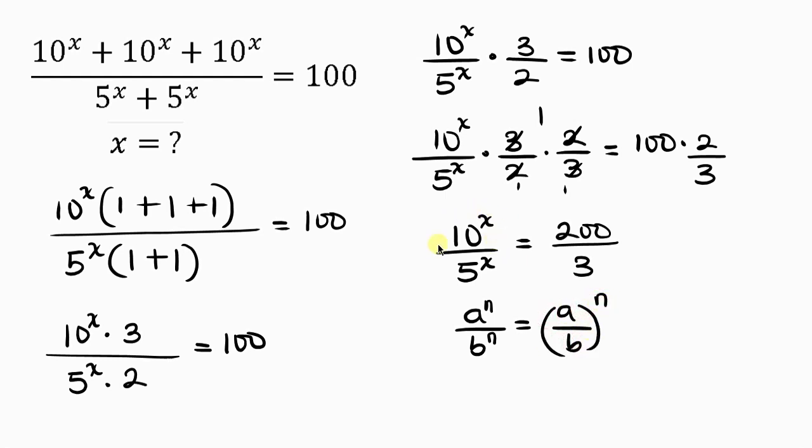Now let's write this in this form. So this becomes 10 over 5 all raised to the x, since x is a common exponent, and this is equal to 200 all over 3. Now let's move on to the next slide.